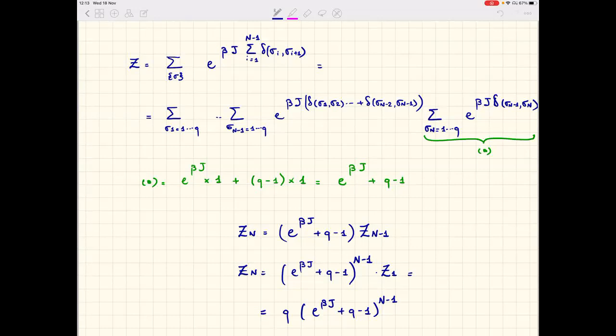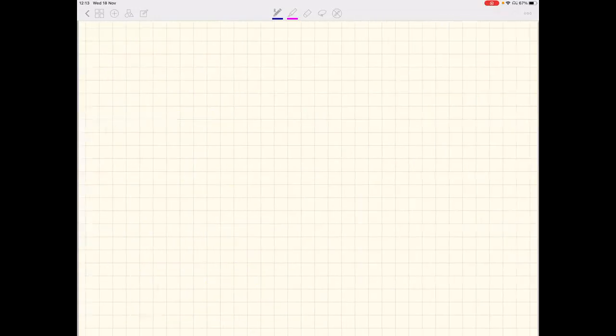Okay, so now, once you have the partition function, you can compute the free energy, which comes out to be minus 1 over beta log of Z. You can also compute the internal energy, which is minus d by d beta of log Z. Now, I'll let you do it at home.